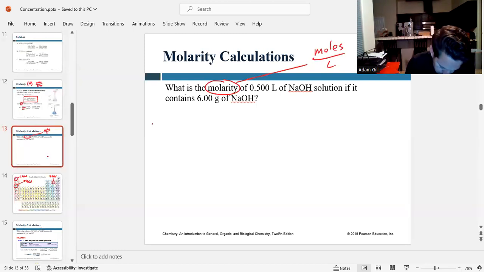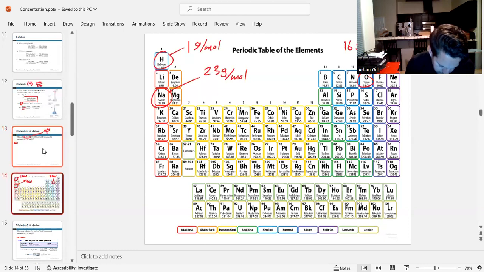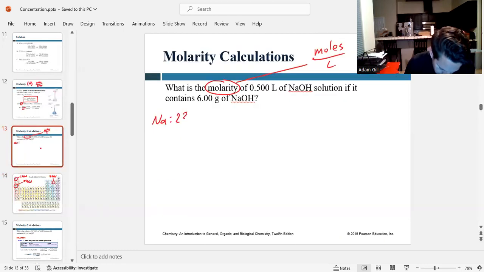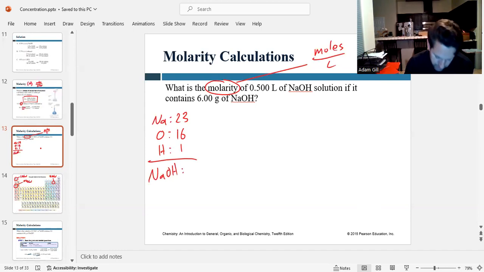So sodium, we said was 23. Oxygen was 16. Hydrogen was 1. So NaOH, if you add those together, should get 40 grams per mole.